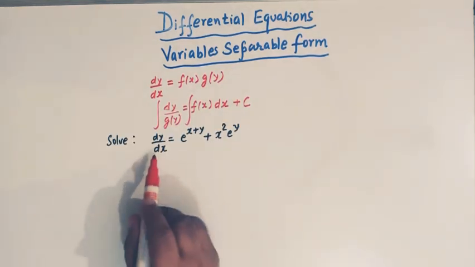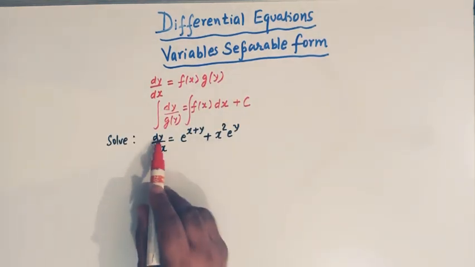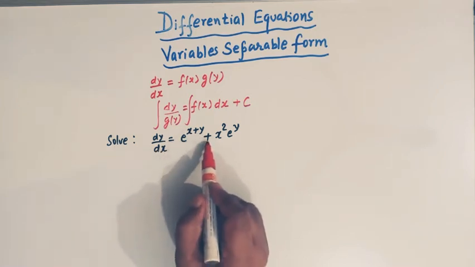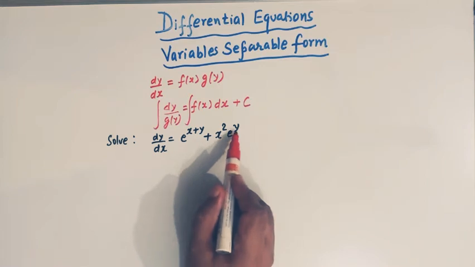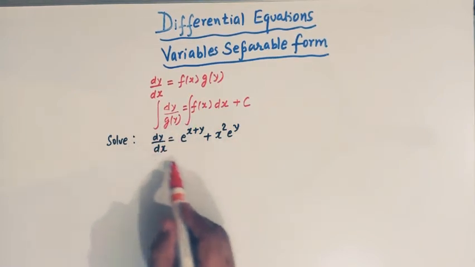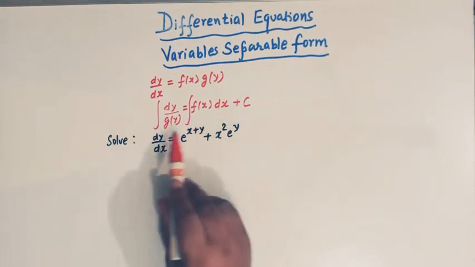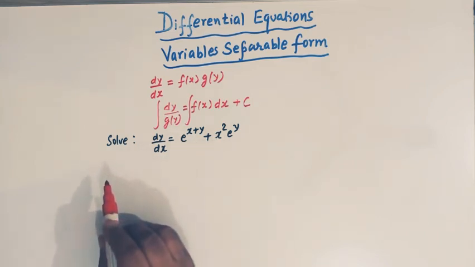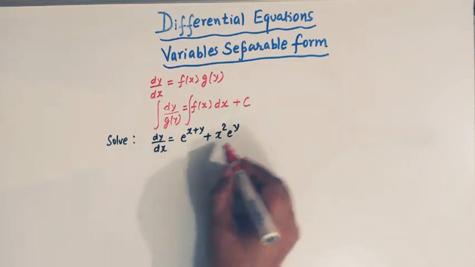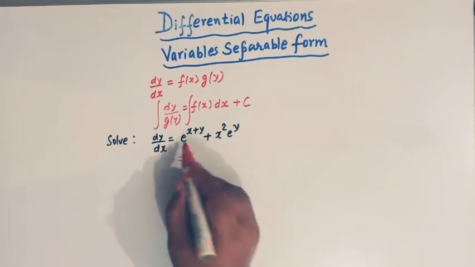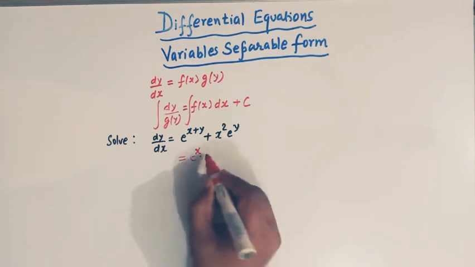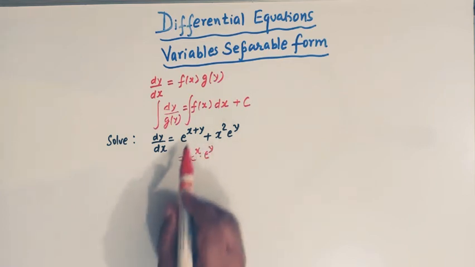Now viewers, let us take this problem. Here we have dy over dx is equal to e raised to x plus y plus x square e raised to y, and here we have to solve this differential equation. Now we'll separate the variables. So this expression can be written as e raised to x times e raised to y, right?